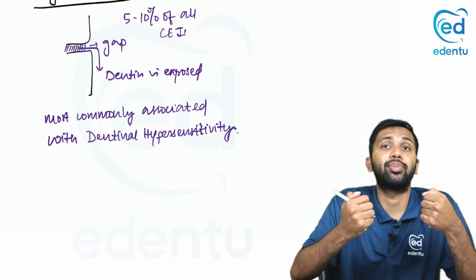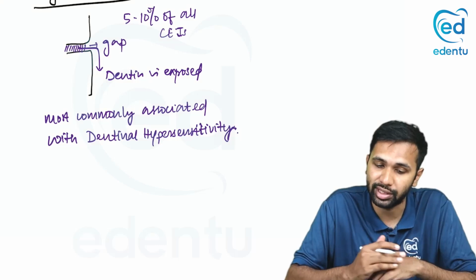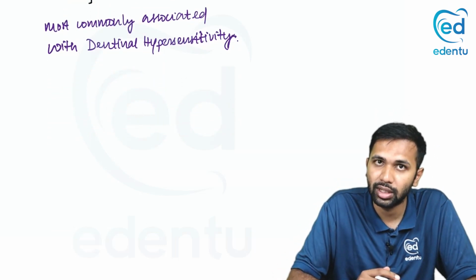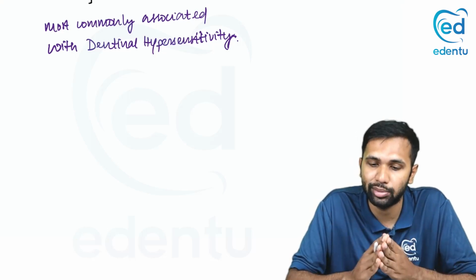That is due to this gap leaving the inner dentine exposed, leading to sensitivity. Alright, so these are the three different types of cemento-enamel junction. The most common is cementum overlapping the enamel, and the least common is the gap junction.